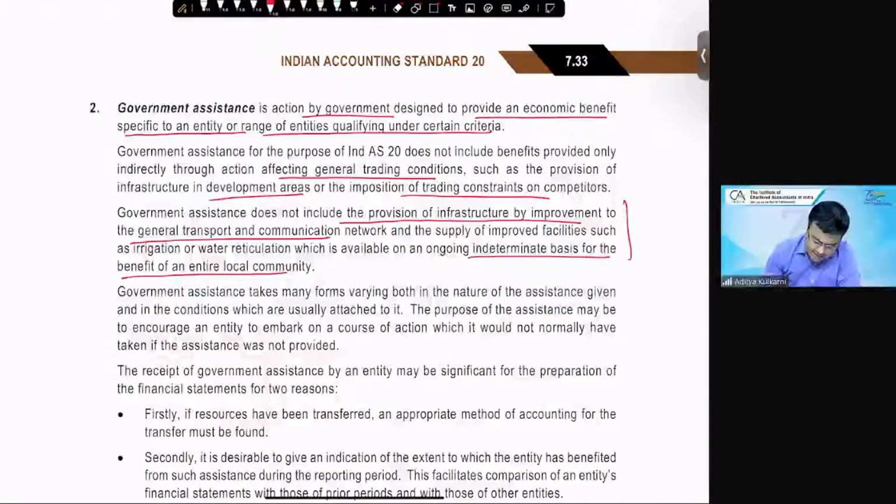Government assistance takes many forms, varying both in the nature of assistance given and the conditions which are usually attached to it. Purpose of assistance may be to encourage an entity to embark on a course of action which it would not normally have taken if the assistance was not provided.